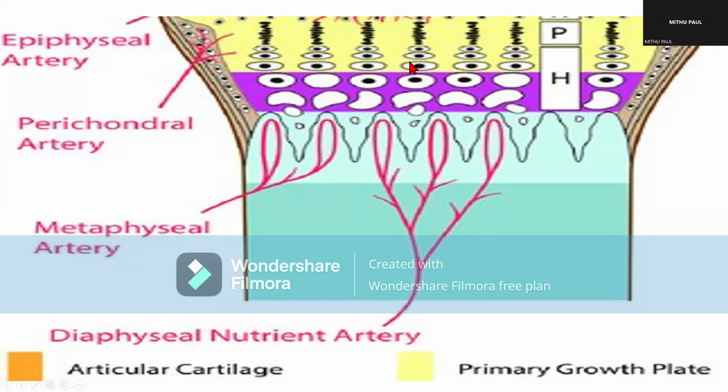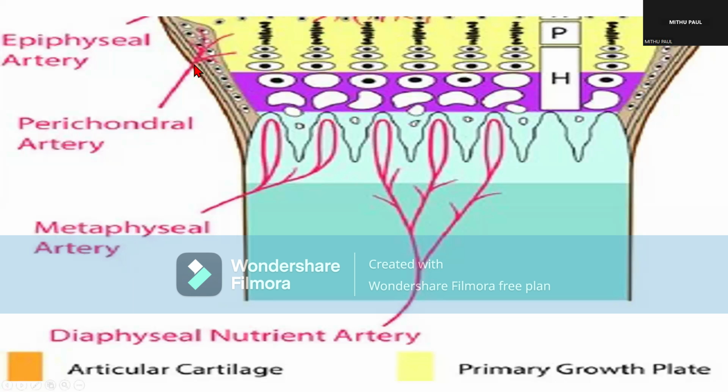Also at the end of the long bones, you will get the articular cartilage. They are all covered by a single layered lining known as the perichondrium. Peri means lying at the surrounding. Chondrium means cartilage.